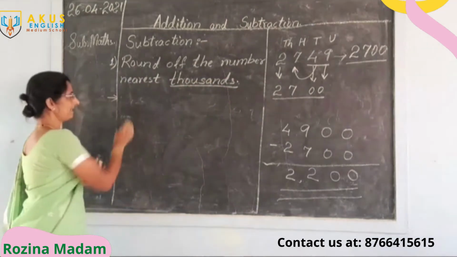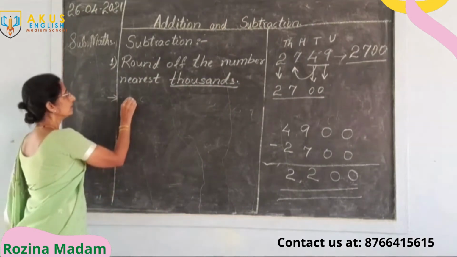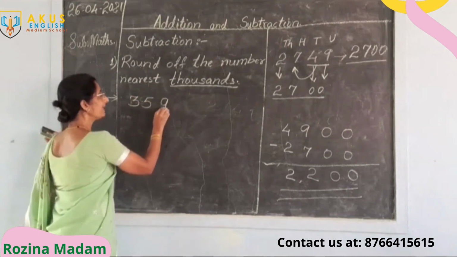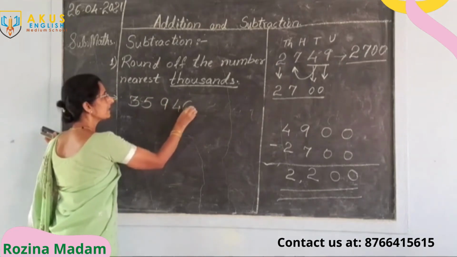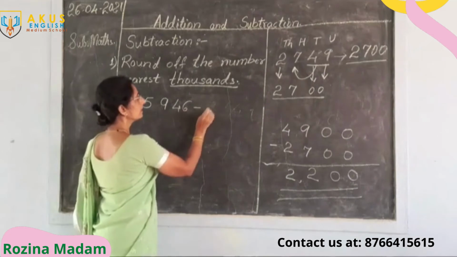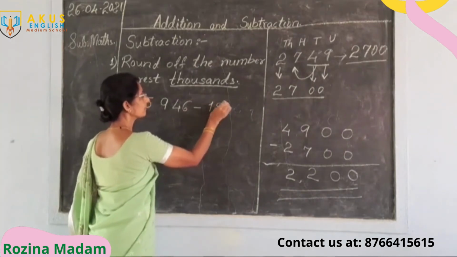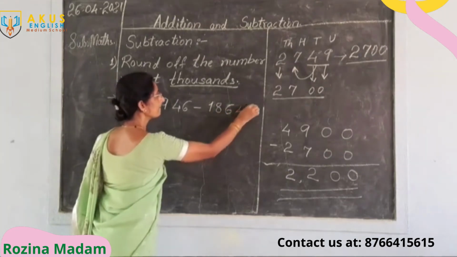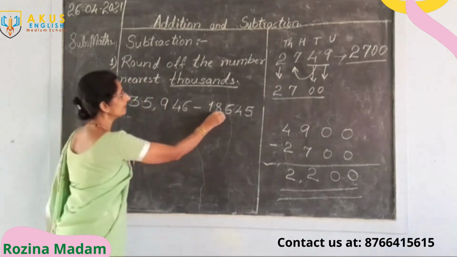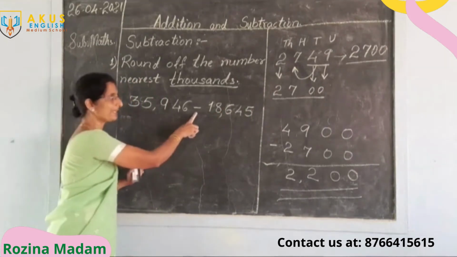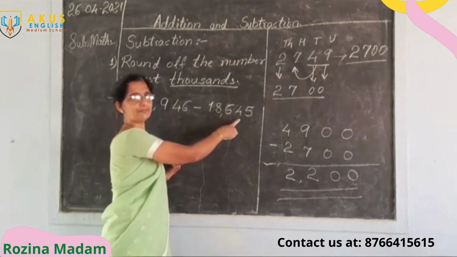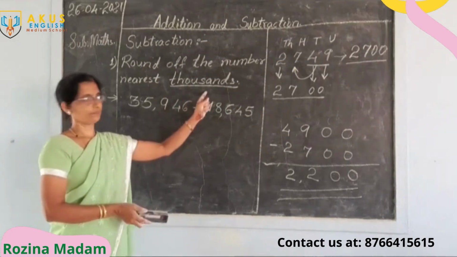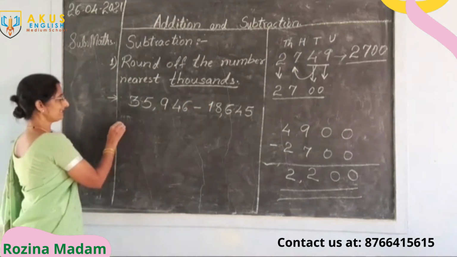So here the number I'll just write is 35,946 minus 18,645. So here 35,946 minus 18,645. Now we are just going to round the numbers to the nearest 1000. So in the same way, you can take the first number.